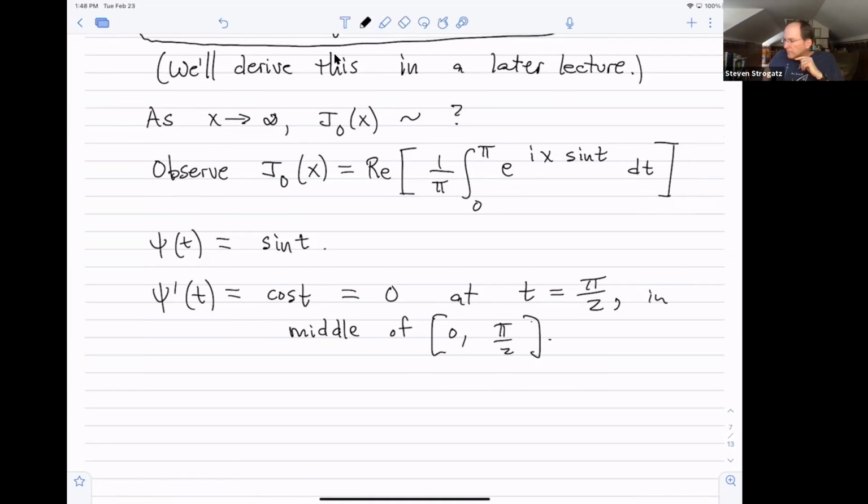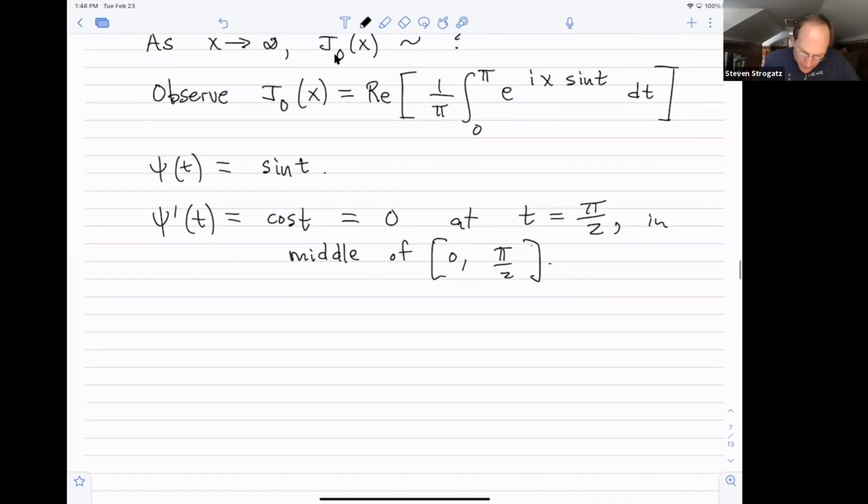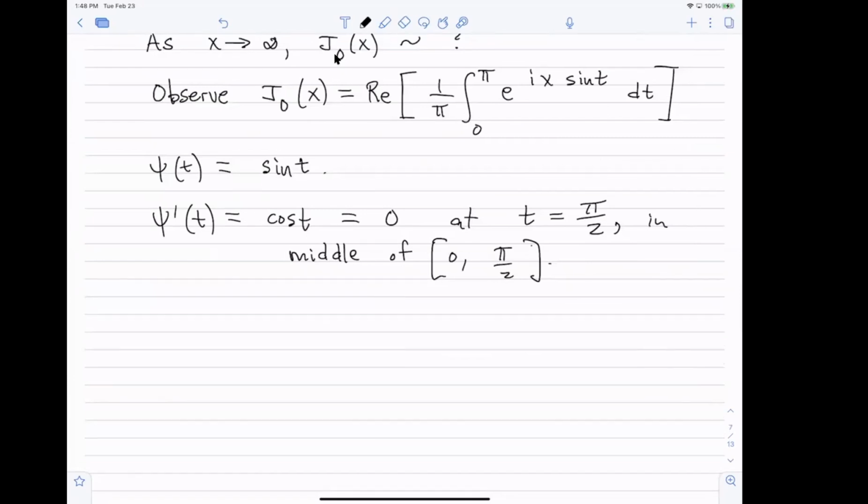Okay. Well, so now what do we do? We're going to expand psi in a Taylor series around the point of stationary phase, because remember I said that one point will dominate everything in the integral. So let's try this now.